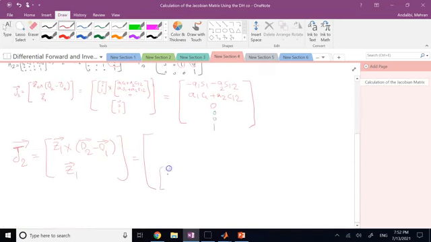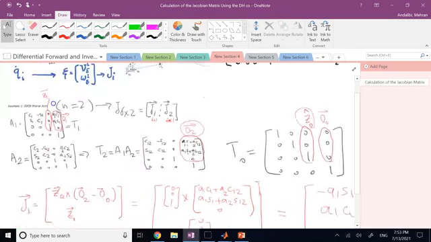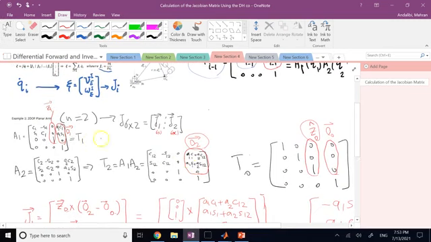Again, Z1 is just 0, 0, 1, and this is 0, 0, 1 cross, and now you have to subtract those two. When you subtract O2 minus O1, the first element cancels.